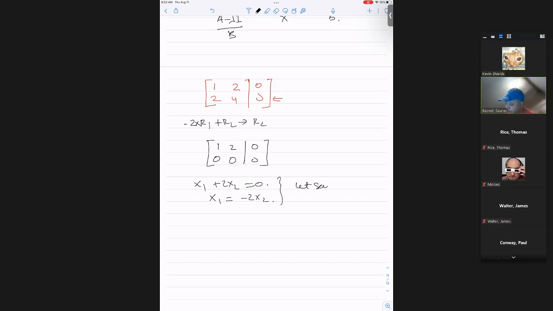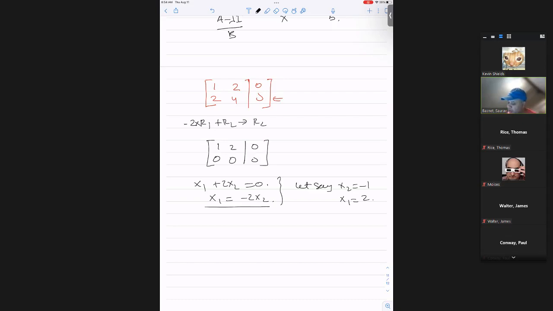So let's say I assume x2 equals -1, then x1 equals 2. Anyway, it will span the same line. Or you can assume x2 equals 1, then x1 will be -2. You know what I'm saying? This is more important.